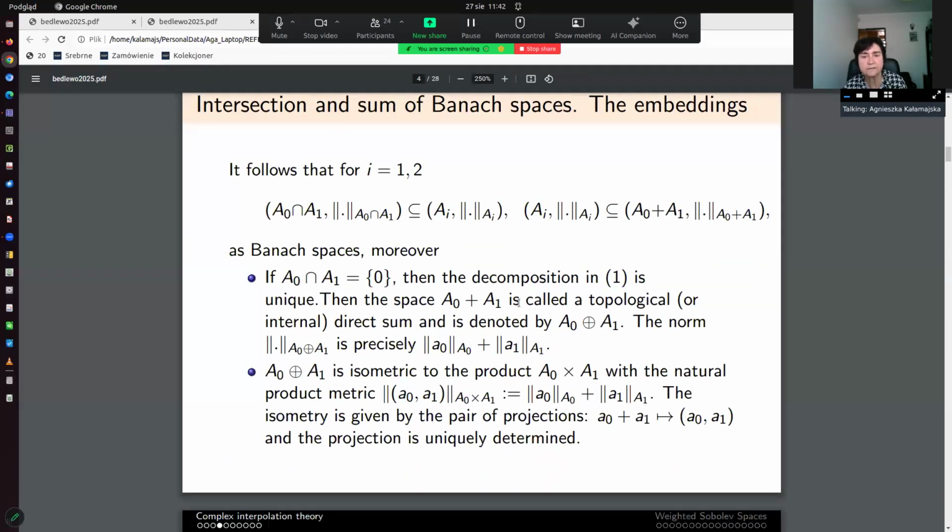So then we call it a direct sum, and I will denote it as A0 ⊕ A1. And the norm is then precisely the norm of a0 plus the norm of a1. And then if we have that good situation that the intersection is 0, then this direct sum is isometric to the product A0 times A1. So there is an easy projection. We have a sum and we project it into (a0, a1). So it is in the product, and this is an isometry, it's easy.